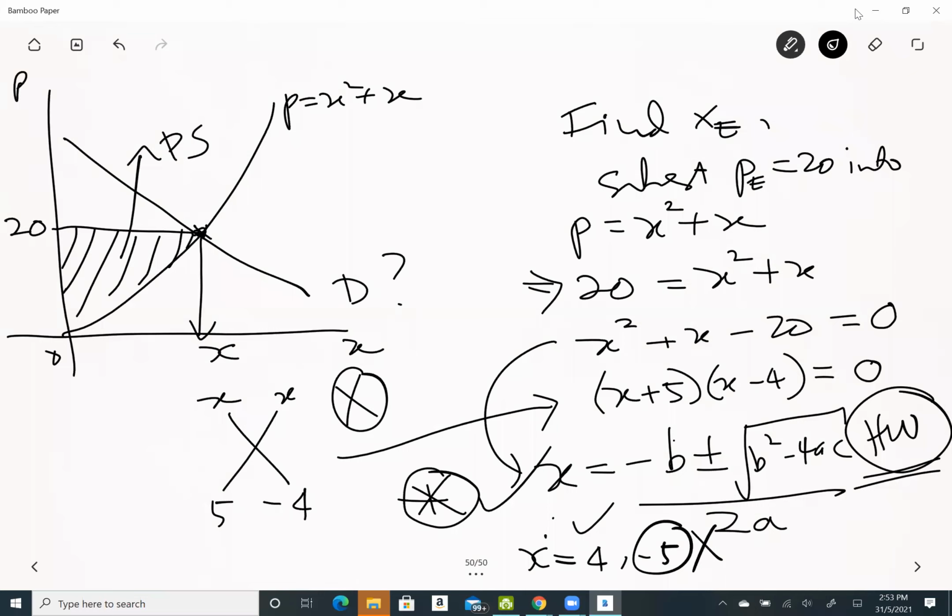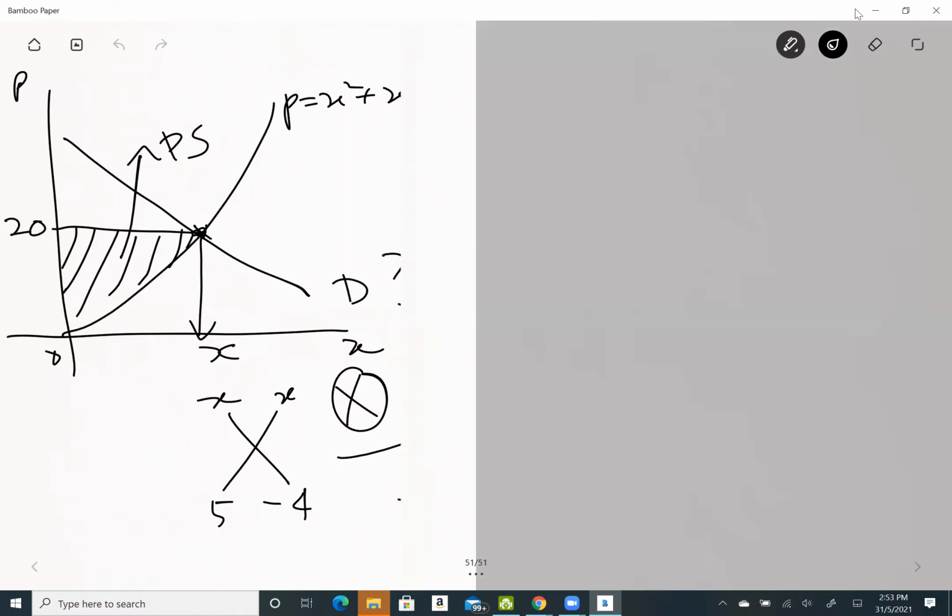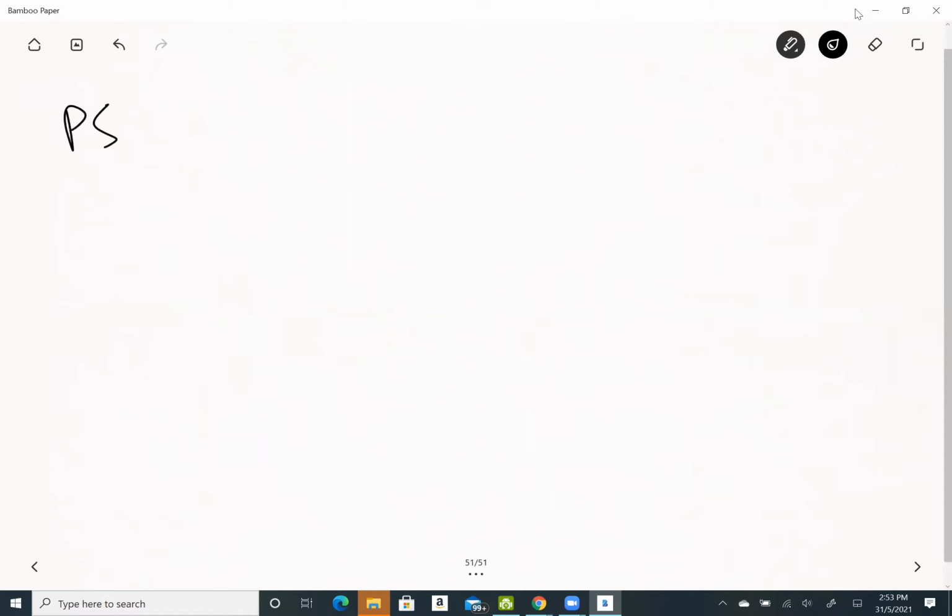So you get the formula. What is the formula for the producer surplus? We write it down. Producer surplus is equal to the integral from 0 to xe of the equilibrium price, minus the integral from 0 to xe of the supply function.